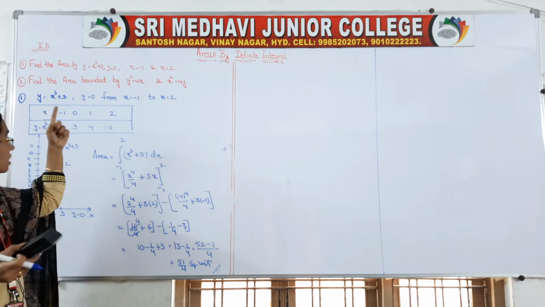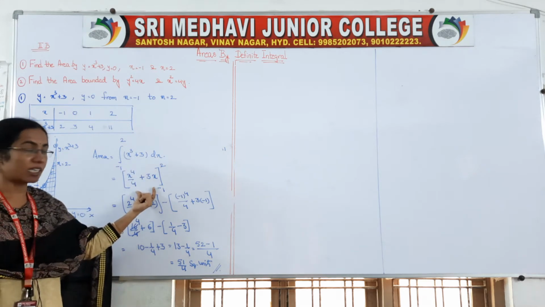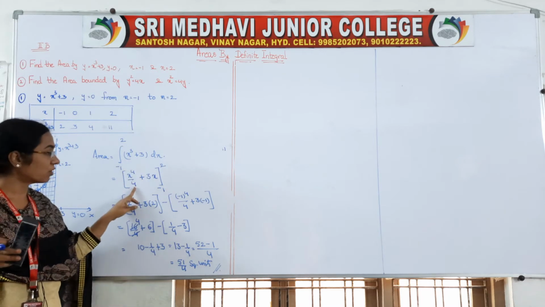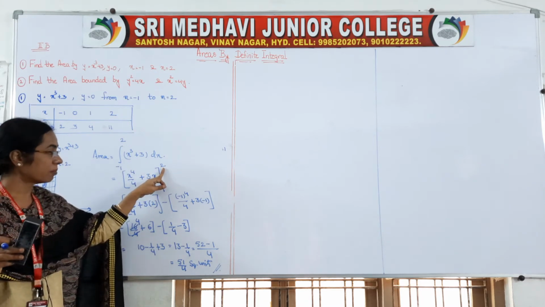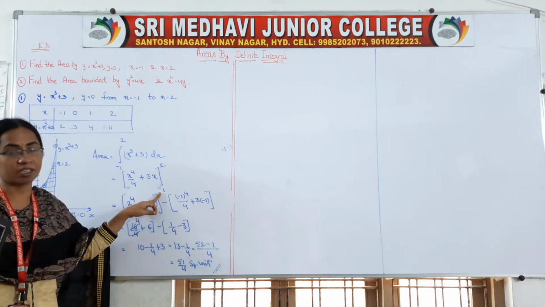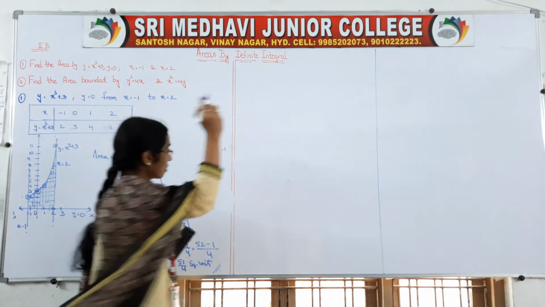So your curve equation is x cube plus 3. For that you take positive and integrate. Once integrated, in the derived function, wherever x is there, first take the upper limit, then minus the lower limit. Okay, so next come to the second question.